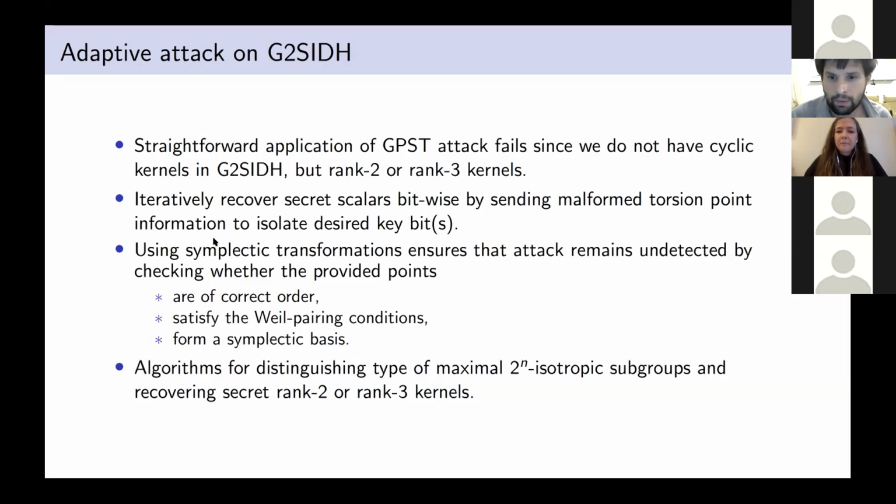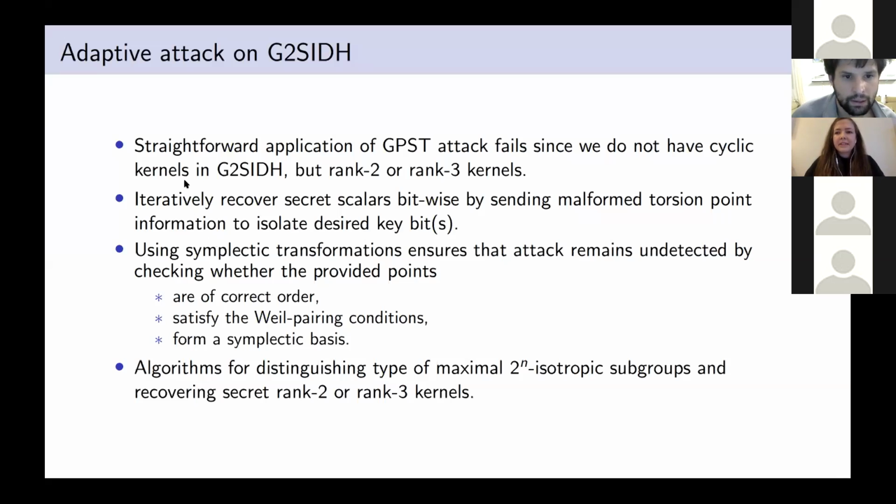And this response from the oracle indicates whether the malformed torsion point information leads Alice to compute a different variety in the end from the one that would have resulted from an honest protocol run.